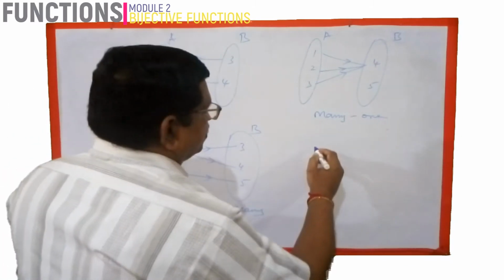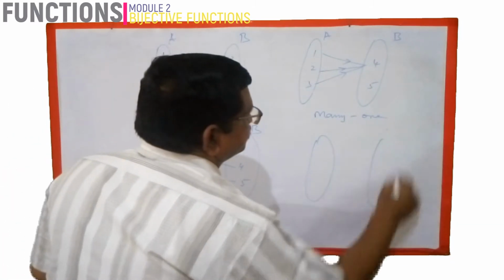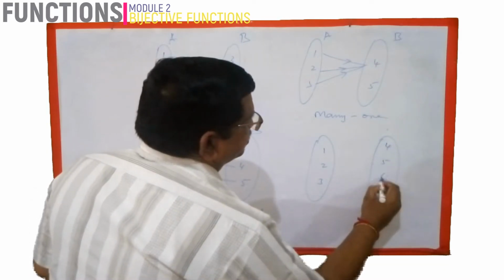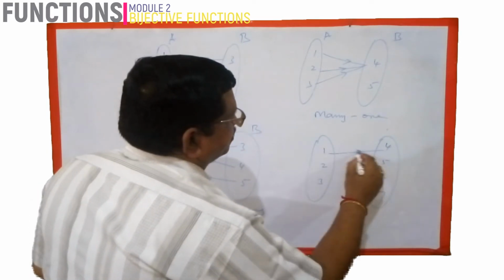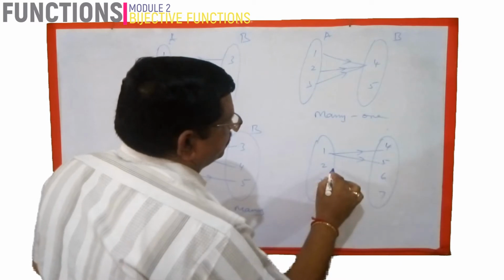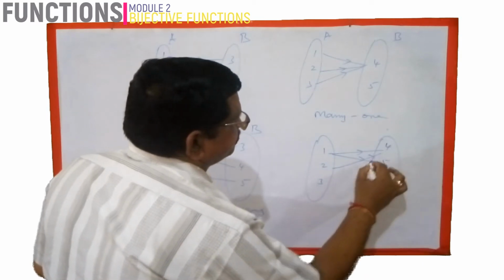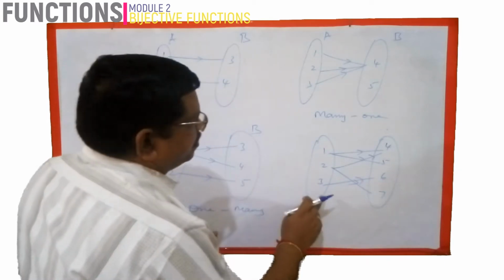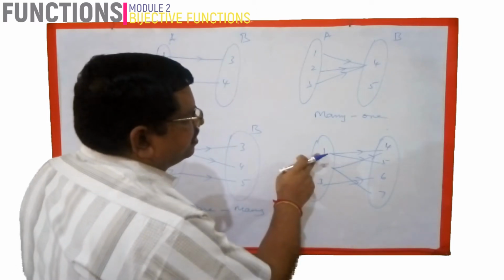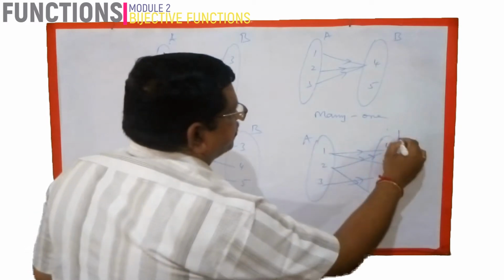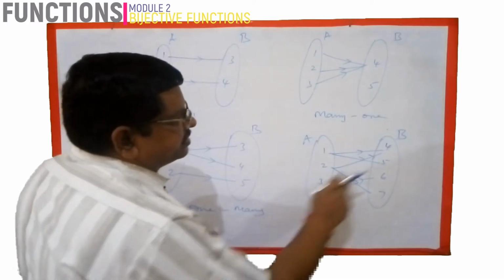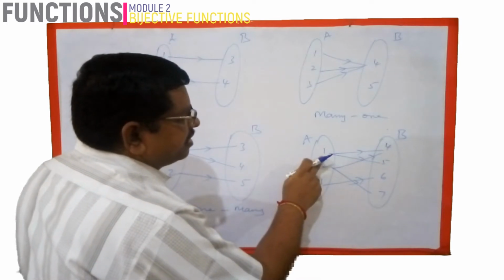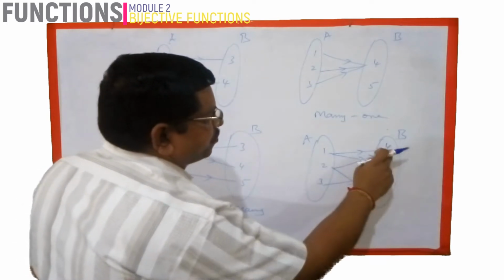Now let us take another one. 1, 2, 3, 4, 5, 6, 7. Now look at this. Set A has elements 1, 2, 3. Set B has elements 4, 5, 6, 7. Here the element 1 has two images 4 and 5.